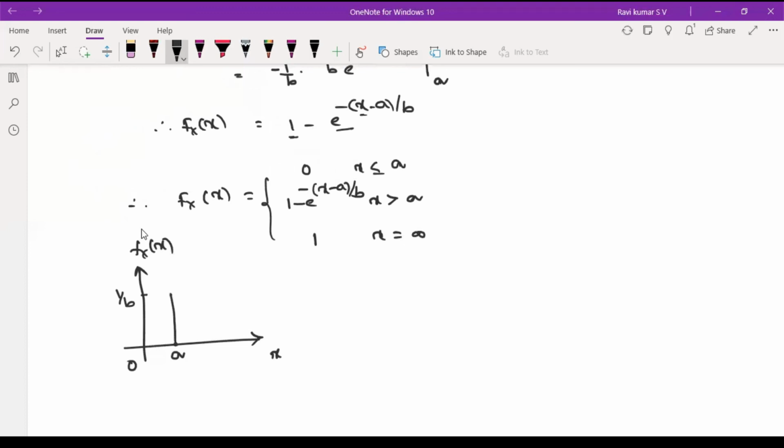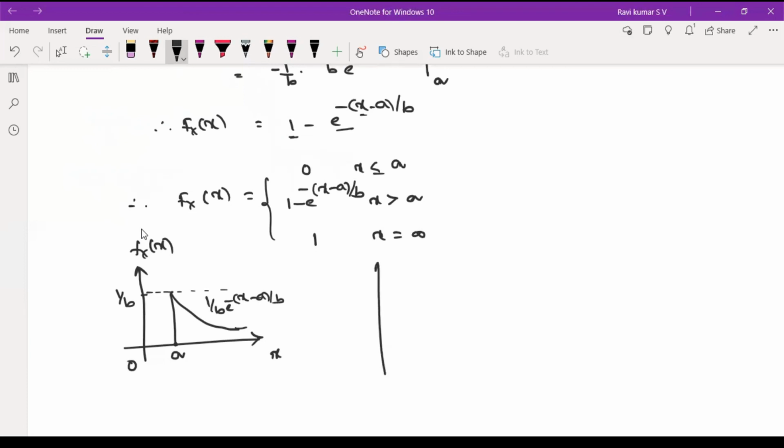Like this, and the term is exponentially reducing because of e power minus x, so the term is going to reduce exponentially. So now we can take 1 by b e power minus x minus a by b here, and it is going to reduce like this. So this is the exponential density function.